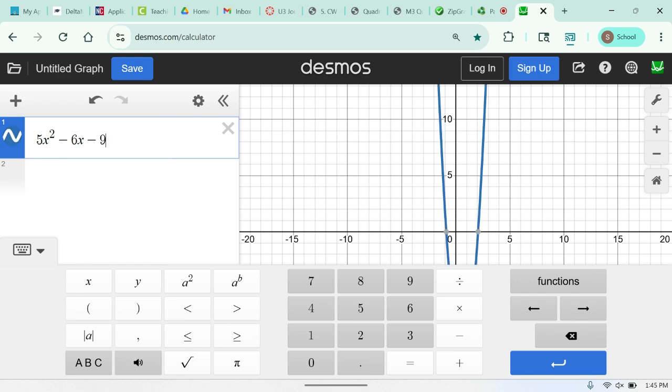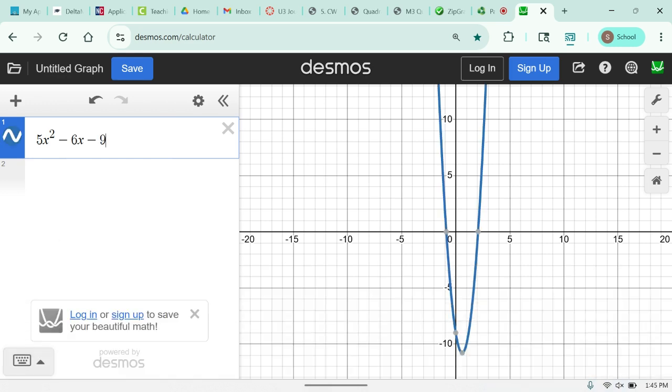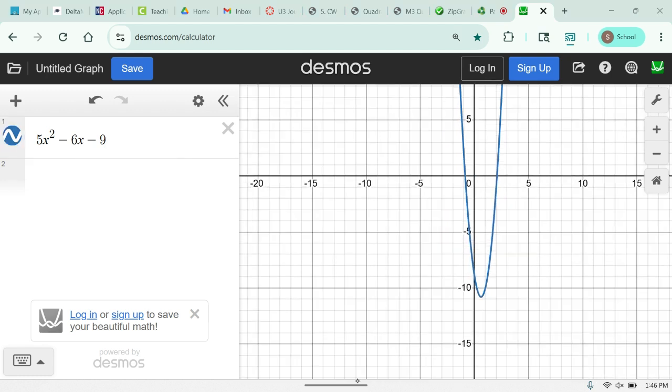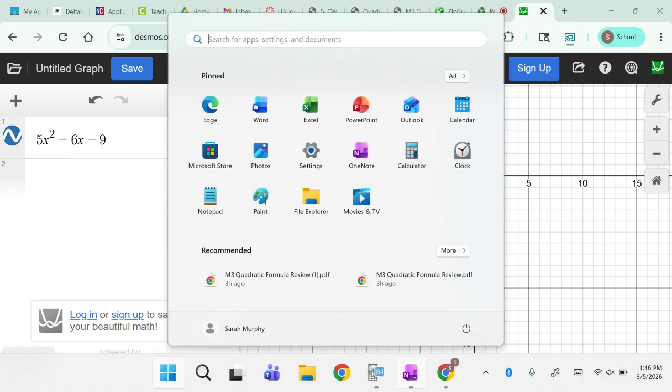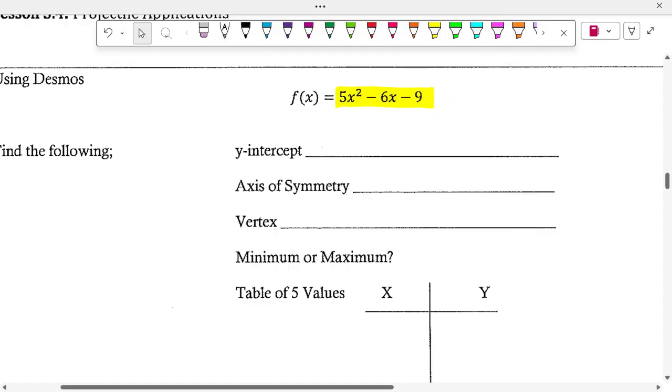Some of them you may not even need Desmos for. You shouldn't even have to put the y-intercept in Desmos. You should be able to look at it and tell what it is. It's just when they cross the line. Nope. It's the x value of the vertex, always.